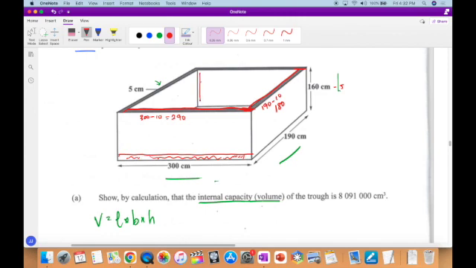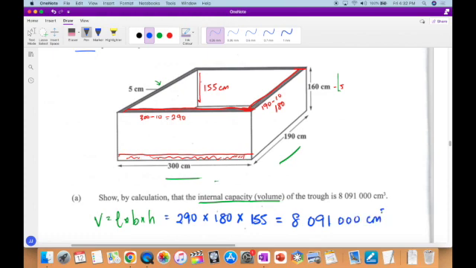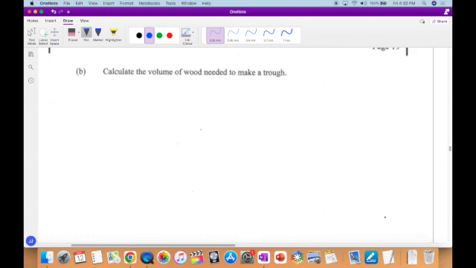So this height here will be 155 centimeters. So now, if I take 290 multiply by 180 multiply by 155, I will get 8091000 centimeters cubed.